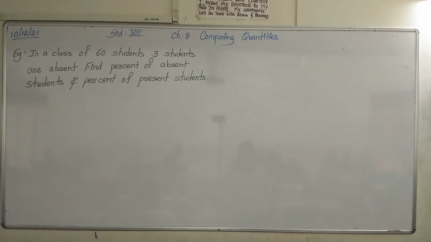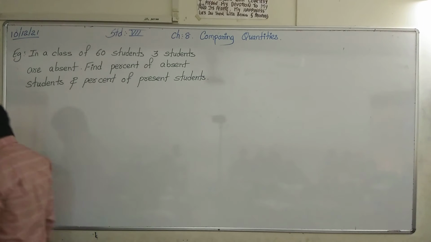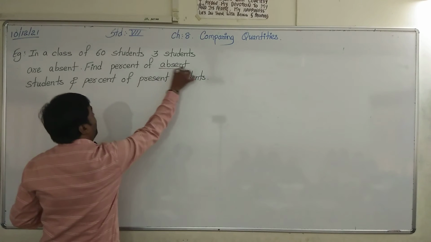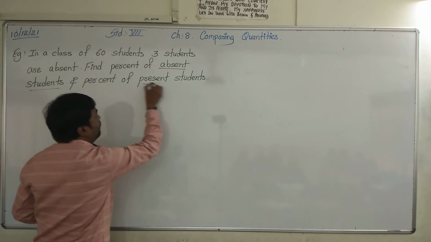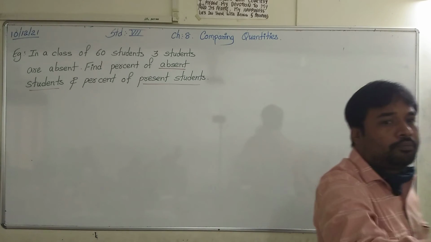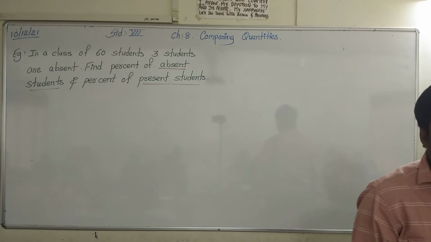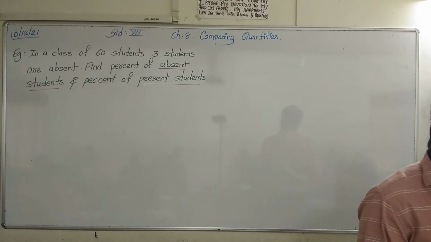In a class of 60 students, 3 students are absent. Find the percentage of absent students and the percentage of present students. We have to find both things: percentage for absence as well as percentage for presence.